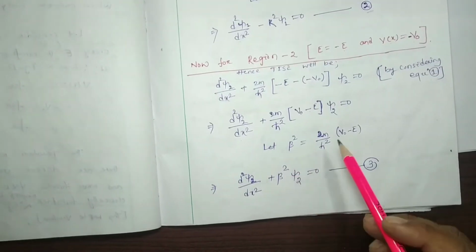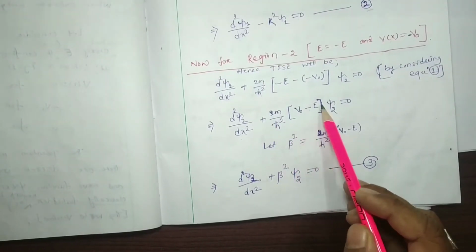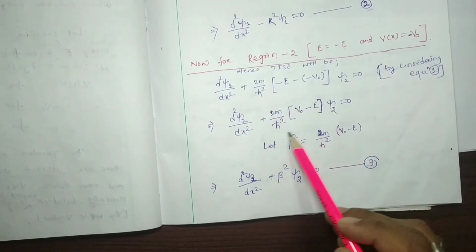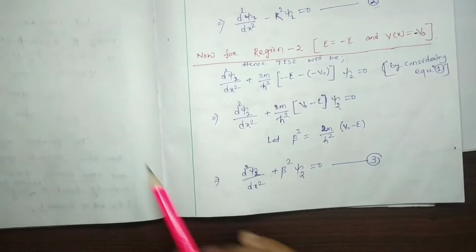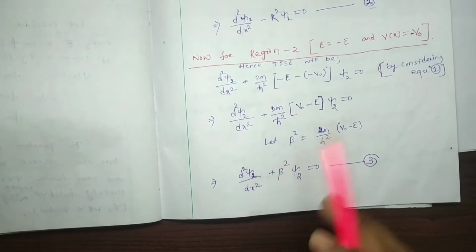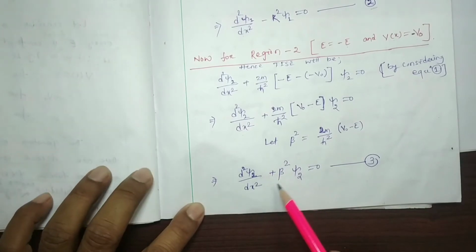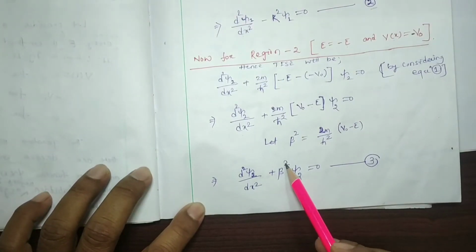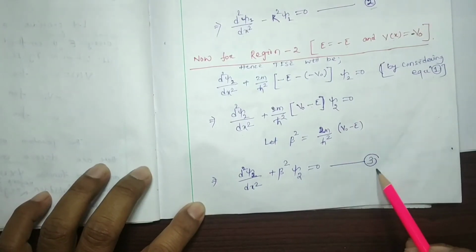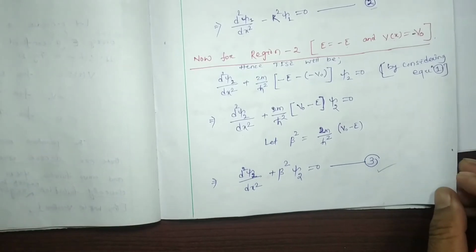Let beta square equal to 2m by h cross square (V0 minus E). Hence this equation will be d square psi 2 by dx square plus beta square psi 2 equal to 0. Let it be equation number 3.